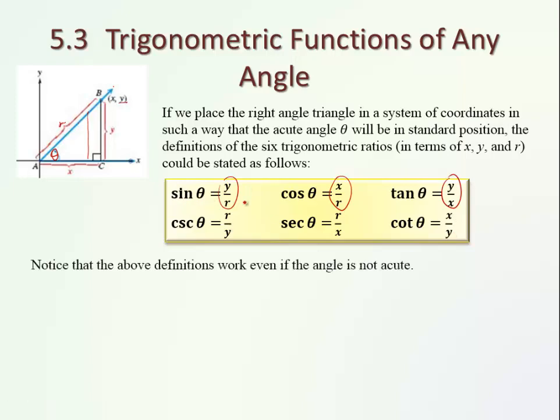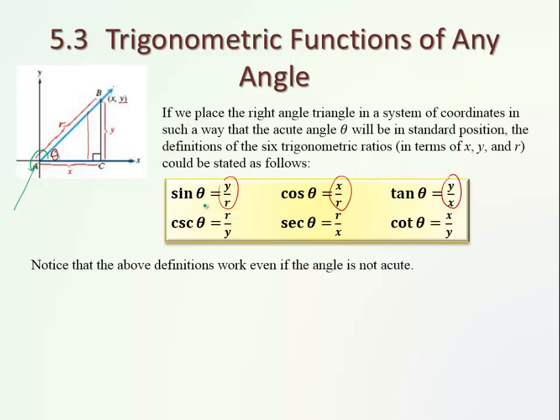Notice that defining our trig functions in terms of x, y, and r is really useful, because it will allow us to extend this definition to any angle, not only acute. For example, if our terminal is in some other quadrant, even in the third quadrant somewhere there, and the angle is from here to there, we can't really produce any triangle with such a large angle.